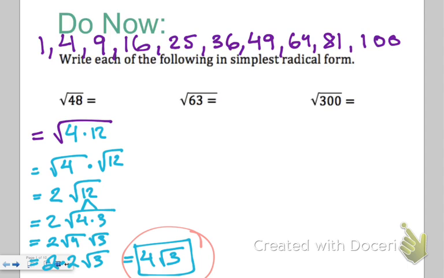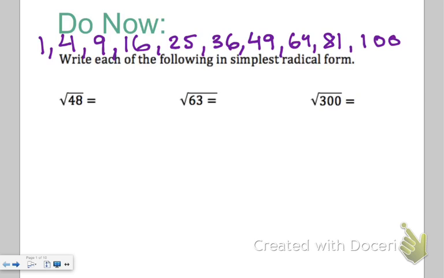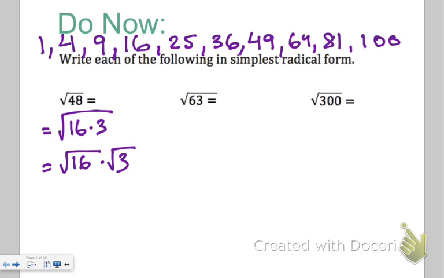So let's use the factor of 16 and see how that's different from using 4 and 12. Sorry, I think I said 4 and 16. I meant 3 and 16. I paused the video, so I'm not really sure. But 3 and 16 are the other two factors that multiplied to 48. So we have 16 times 3. And again, we can rewrite this as the product of the square root of 16 times the square root of 3.